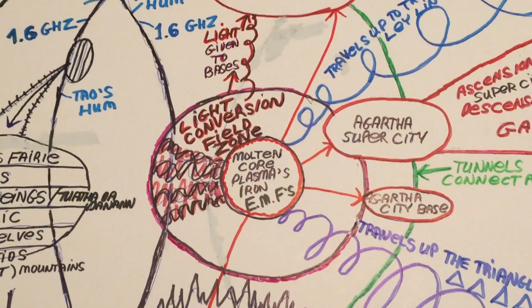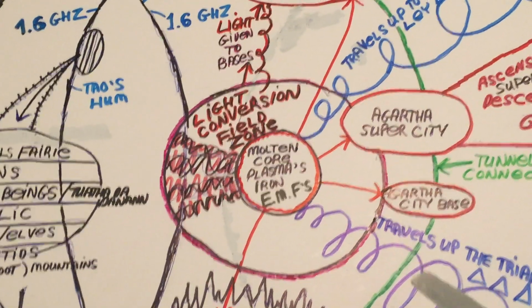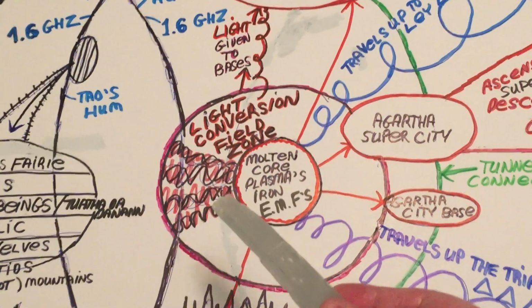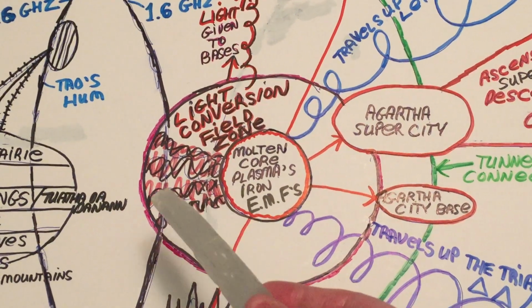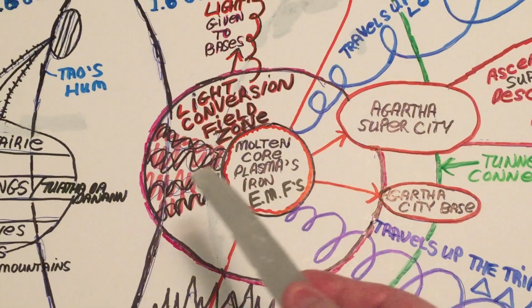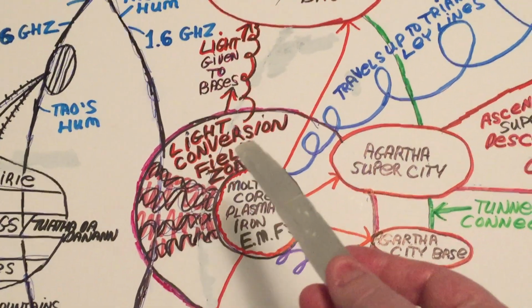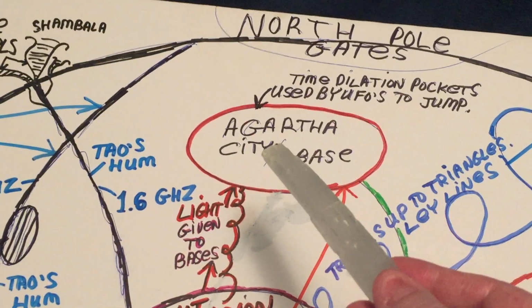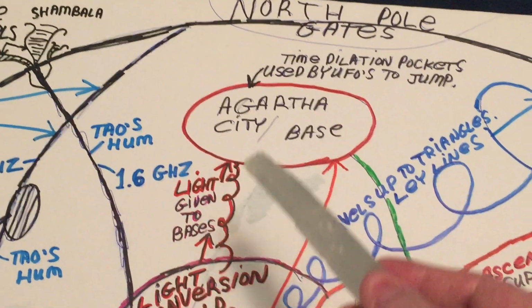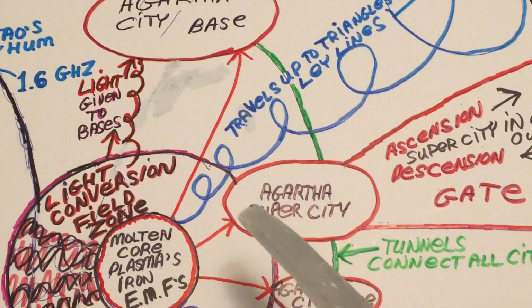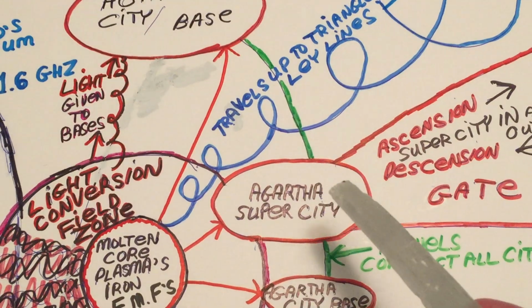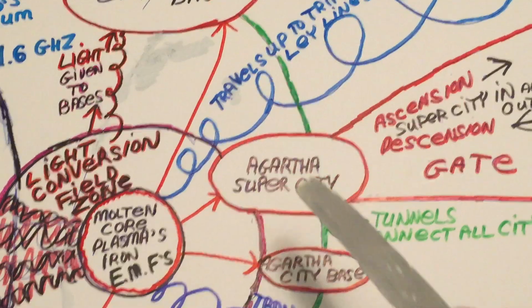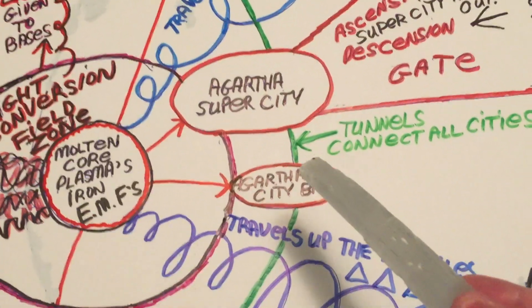And what happens is that the numerous alien races convert this core energy into light, and this light is then transferred to all the bases that are seen here in the red. They're transferred to these bases, and the light is then distributed over large domes over the bases.